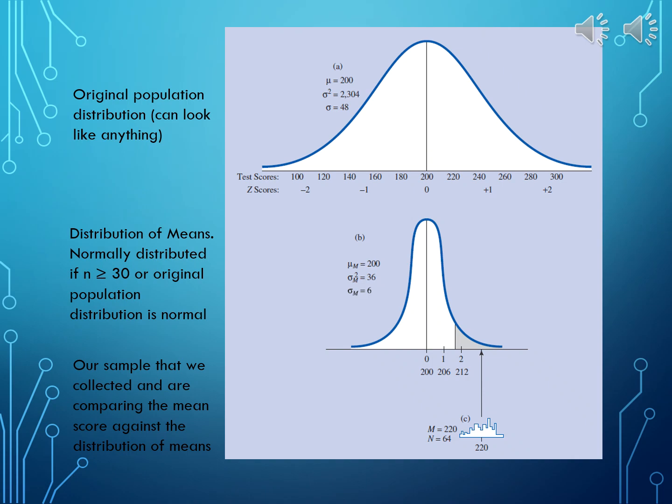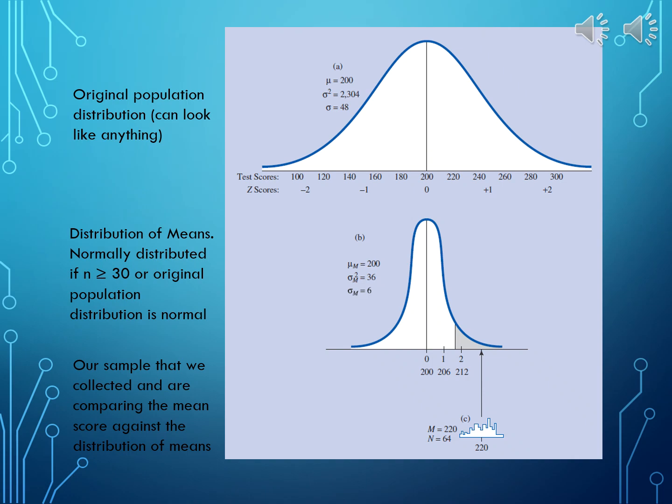But you can see on this figure that the sample they've got, which is the very little bottom portion denoted by C, has a mean test score of 220. Now if you were to place that mean of 220 on the distribution of means, which is what that arrow is pointing to, you would see that the sample mean of 220 is very extreme.